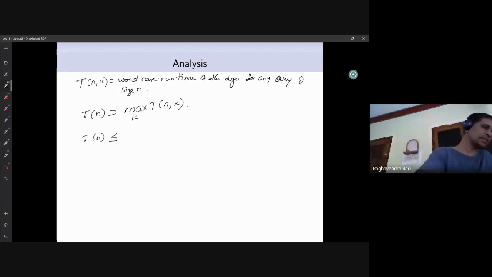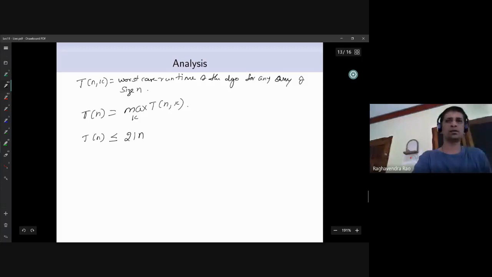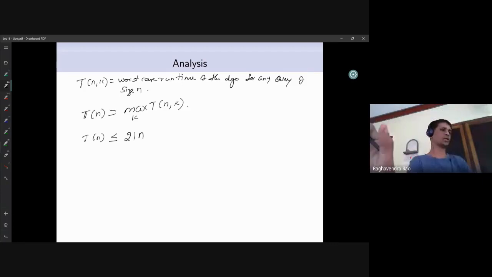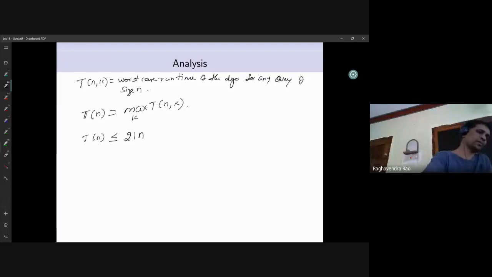So it's basically 21n. For computing the median of a 5-element array, let's say 20 comparisons. That's enough. Otherwise, any favorite constant that you like is fine, as long as you have a way of obtaining the median for each block within that.